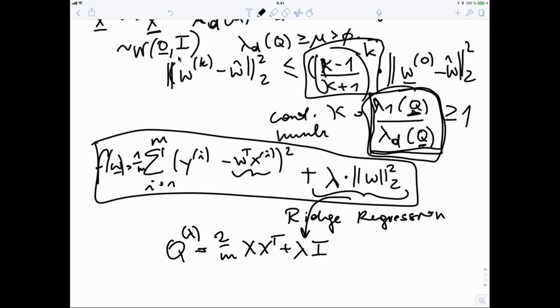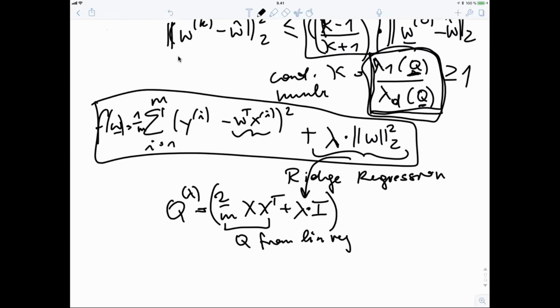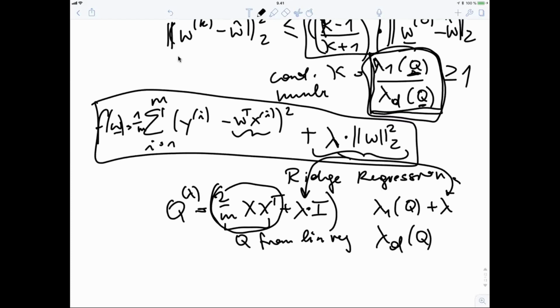If you work this out, you get again a linear update, but the matrix Q in this update is this term here. This would be Q from linear regression that we had before, and we have an additional term, lambda times identity. Linear algebra tells us that the eigenvalues of this matrix are the largest eigenvalue of Q plus lambda, where lambda is the ridge parameter, and the smallest eigenvalue of Q from linear regression, also plus lambda.